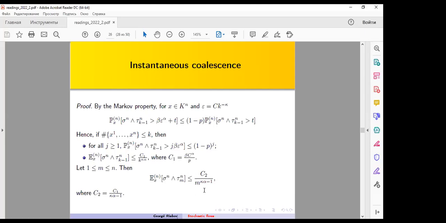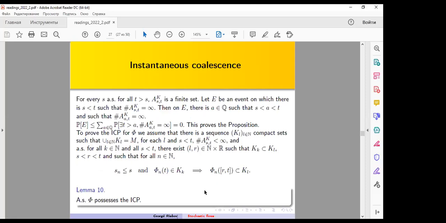Now recall that kappa alpha is bigger than 1, and the estimate is uniform over all configurations in compact, and the estimate is uniform in n. So from this we can deduce that there cannot be infinitely many trajectories during some time.